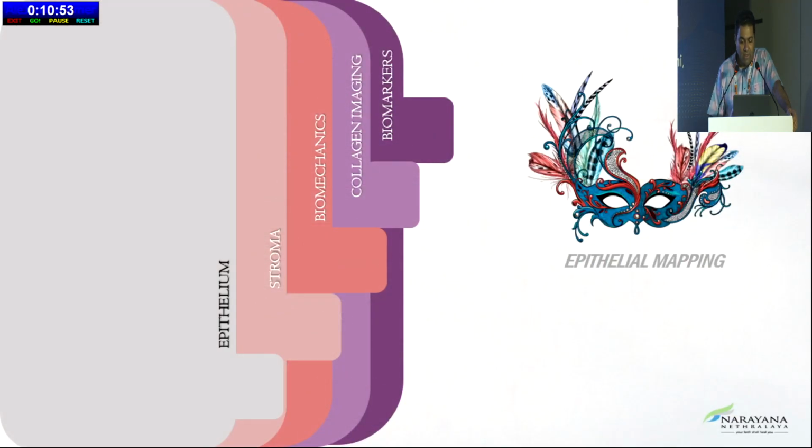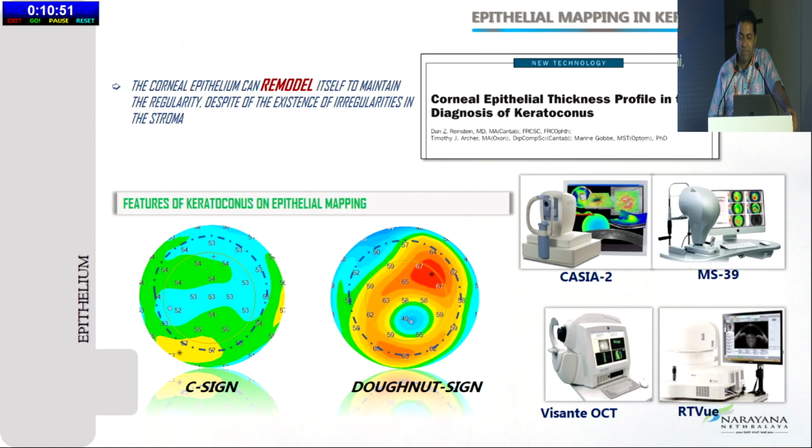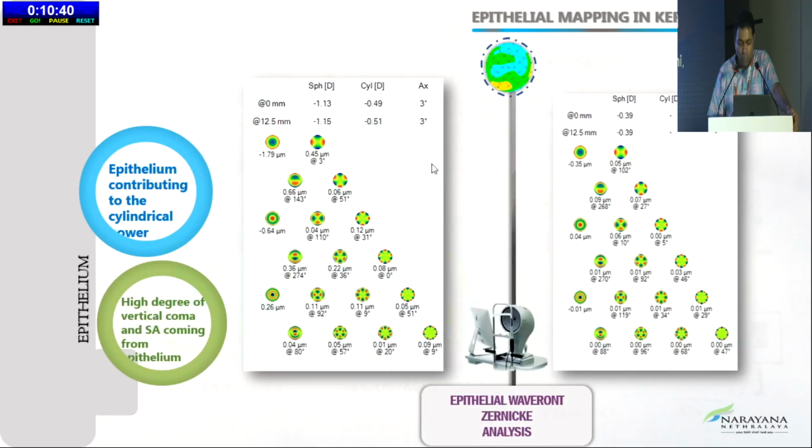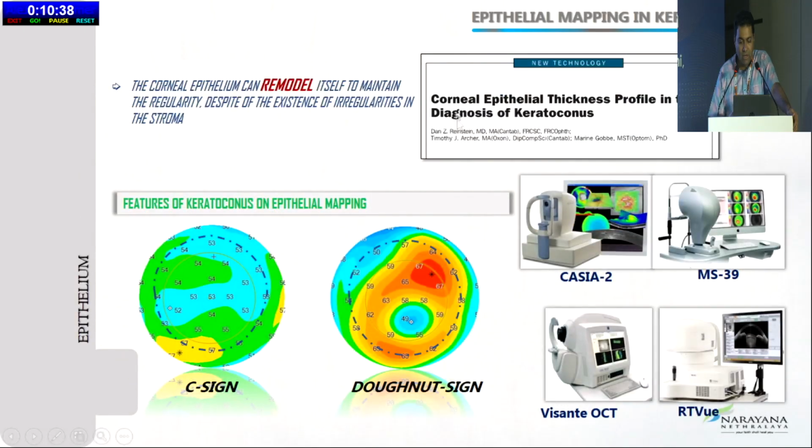The epithelium is known to be one of the earliest changes in keratoconus, and the work done by Artemis, by Dan Reinstein, at a very early stage spoke a lot about how epithelial changes can have a huge impact in understanding keratoconus even before the stroma has started changing.